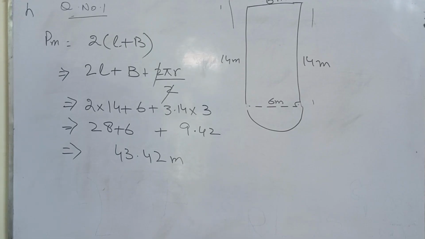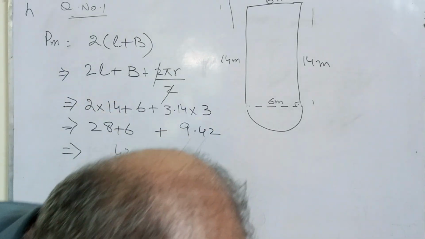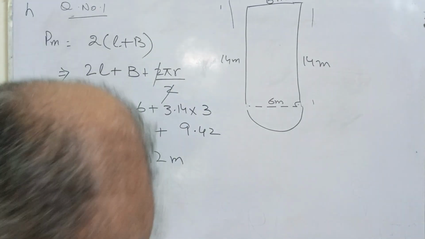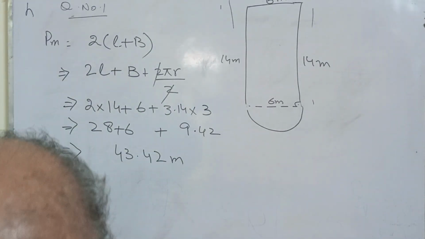So this is our perimeter. 43.4. Okay, it is correct.